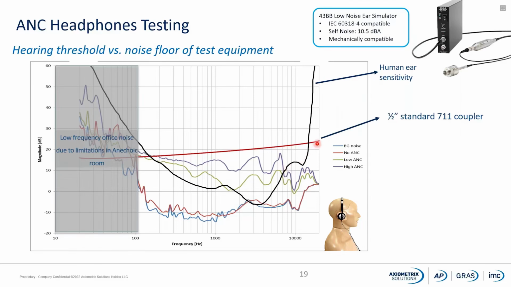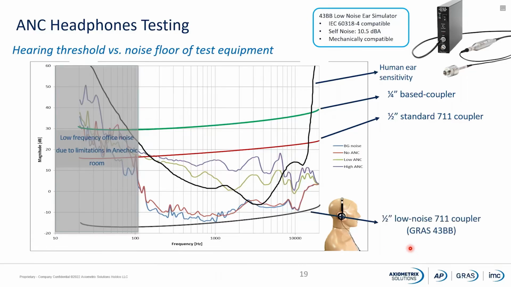If we look at the noise floor of a standard 711 coupler with a half-inch microphone and preamp, we can see that it's going to be impossible with such a system to measure those signals because they are below the noise floor of that system. The problem is even worse when we use a quarter-inch based system because the noise floor tends to be even higher.